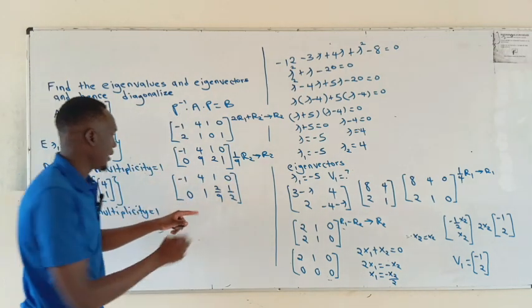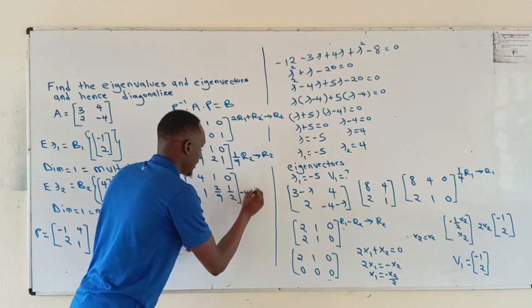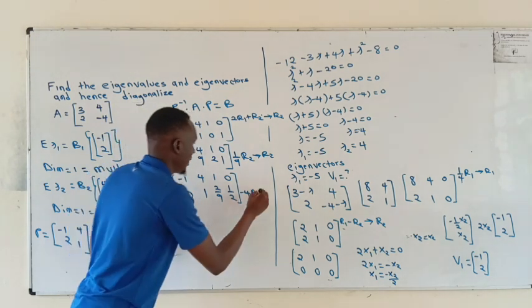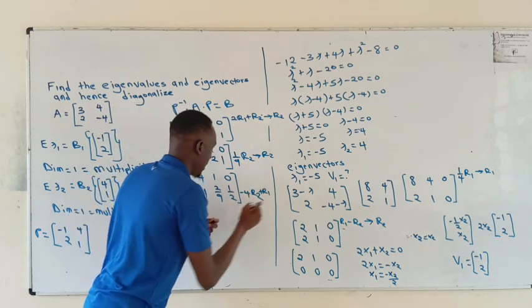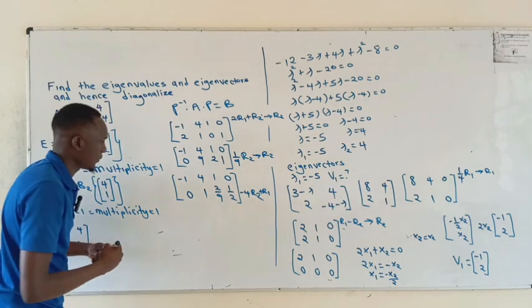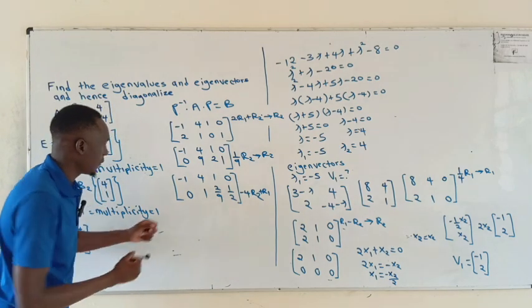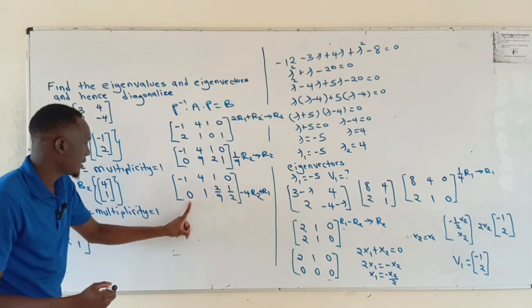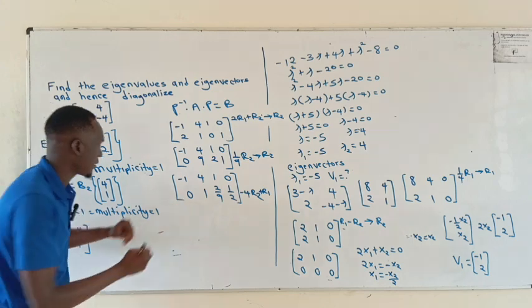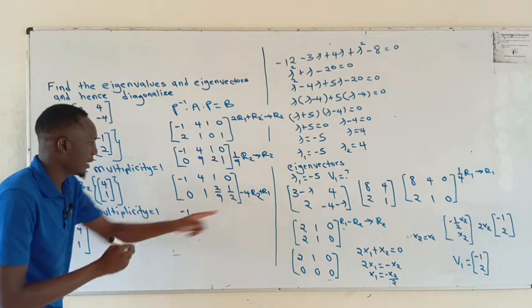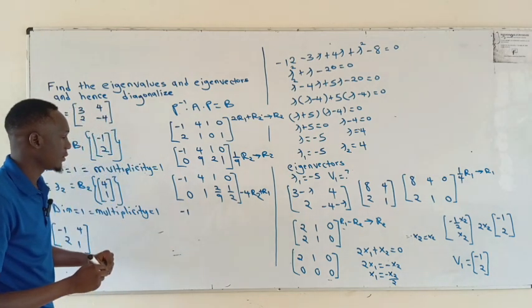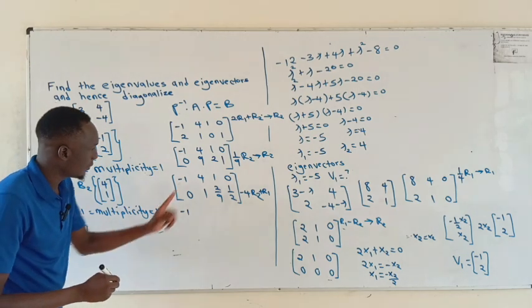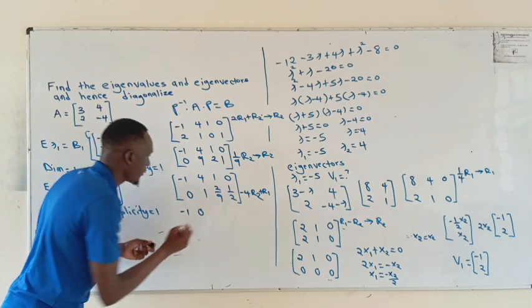Let's have negative 4 R2 plus R1, our answer to row 1. So we have negative 4 times 0, which is 0. 0 plus negative 1 is negative 1. Negative 4 times 1 is negative 4, plus 4 is 0.